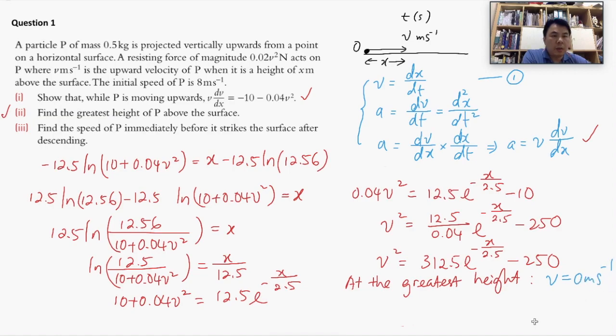Right, now that's the concepts of mechanics. At the greatest height, the velocity no longer increases, so v must be equal to 0, and then therefore 312.5 e to the power negative x over 2.5 should be the same as 250.